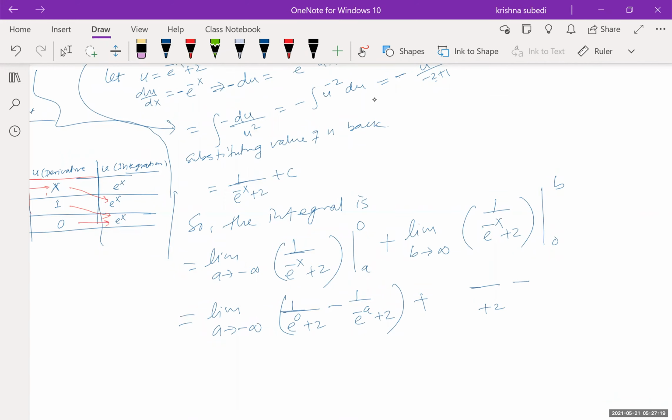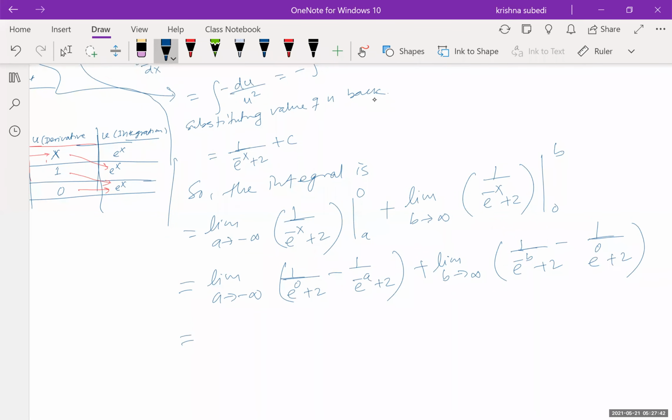Oh, I forgot to write the limit. Let me copy the limit here: the limit as b tends to infinity. This is 1 over e raised to the power negative b plus 2. Just substitute the upper limit minus substitute the lower limit, e raised to the power 0 plus 2.